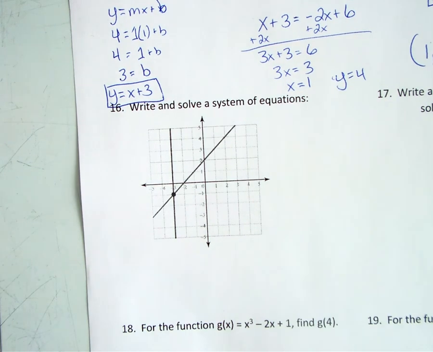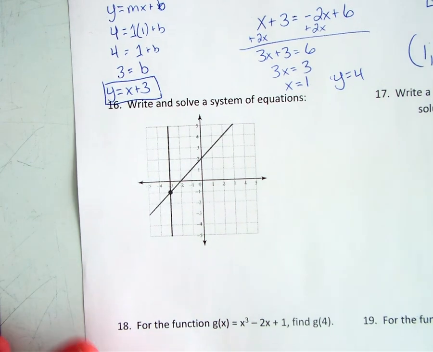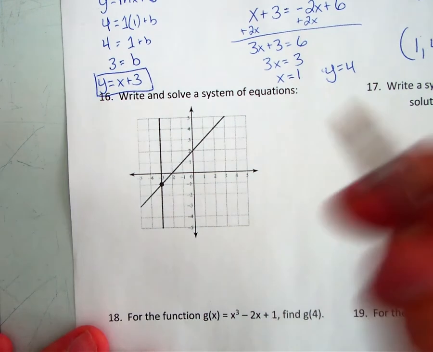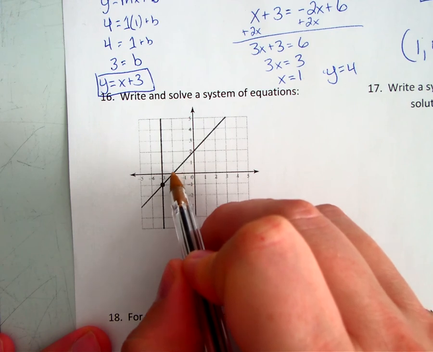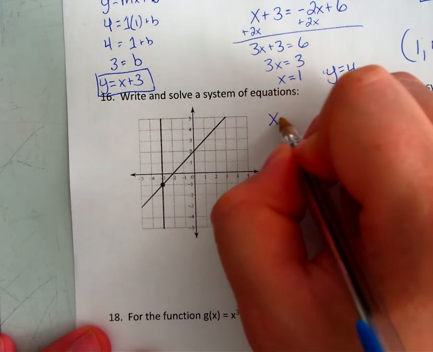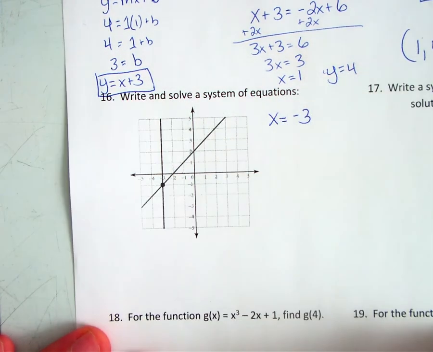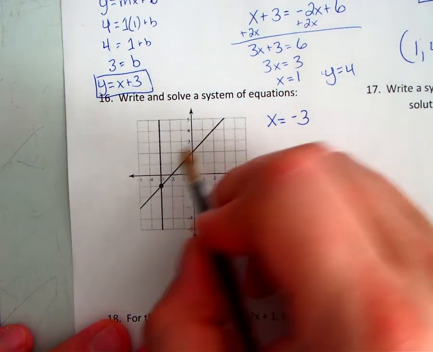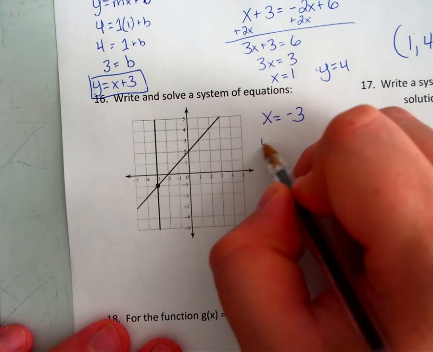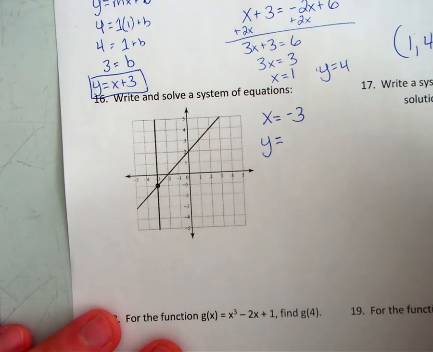Number 16. Write and solve a system of equations. All right, we need to know what the equations are. I see a vertical line which tells me I have 1, 2, 3, and x equals -3 is going to be that equation. The second equation is a slanted line, so slope-intercept form seems to make the most sense.